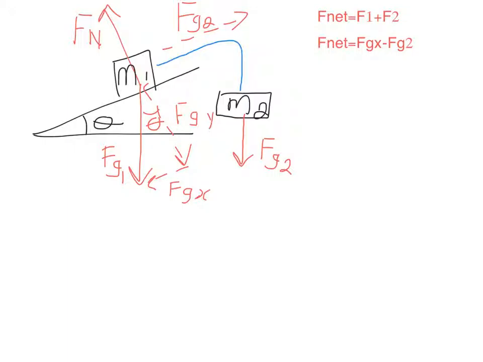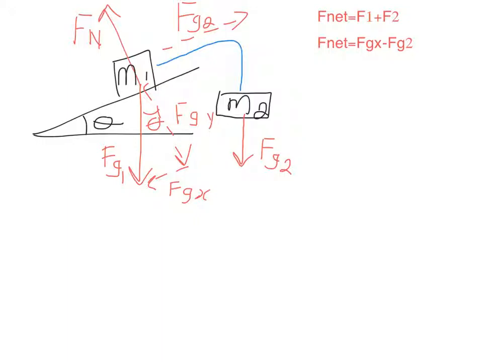So that means that I need to decide which one of these two is going to be positive or negative. Typically we've done down the incline as positive, so let's make Fg2 negative, so I'll put a negative in there. There we go. So this now becomes our F net situation for this kind of problem.